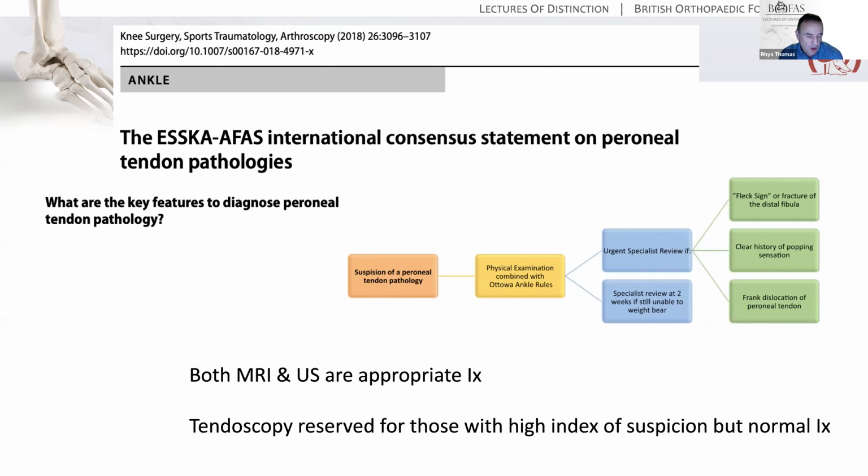And both MRI and ultrasound scan, they say, are appropriate investigations. For those patients that go further down the line with normal examination, normal MRI scan and ultrasound, they would reserve tendoscopy for those patients with a high index of suspicion of peroneal problems, but normal radiological investigation. So there won't be many of those.